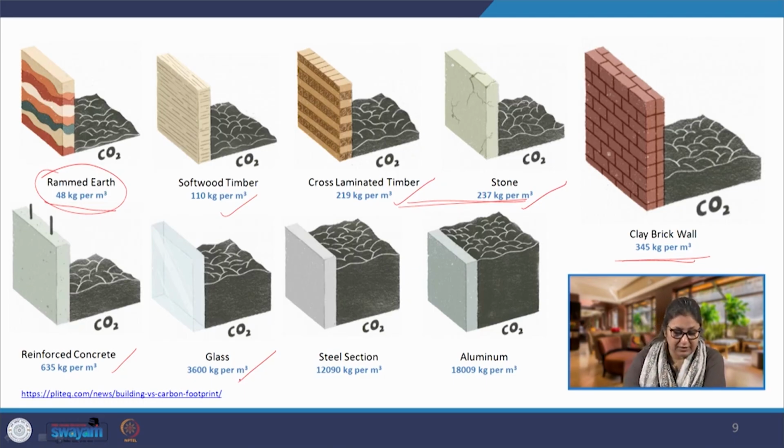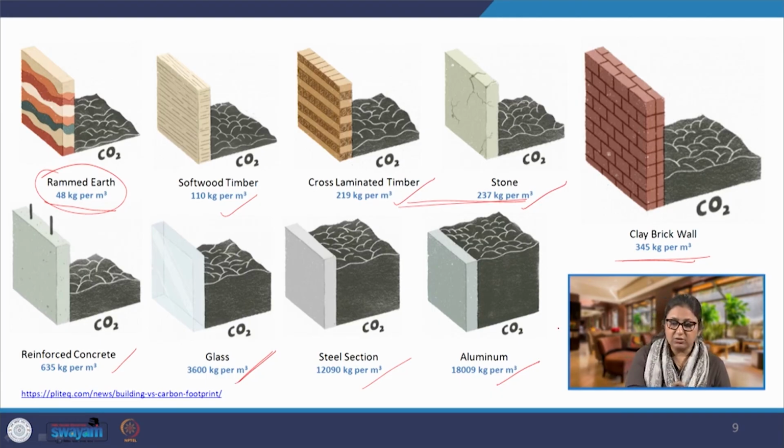So, what we have here is glass at 3600 kilogram per meter cube. We are talking about the carbon emissions. If you look at steel section, it is multiple times higher as far as emissions are concerned, and aluminum is even higher than that.